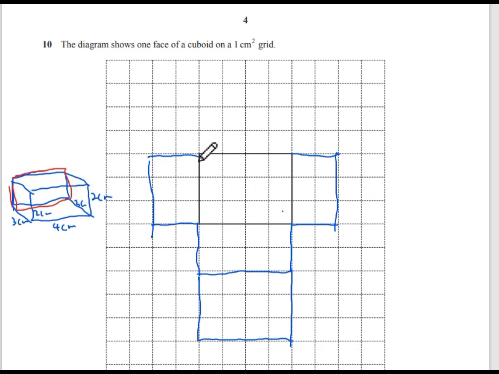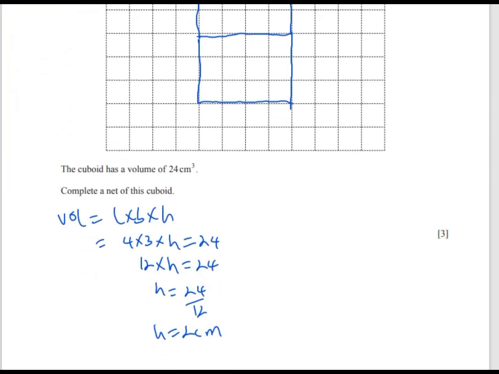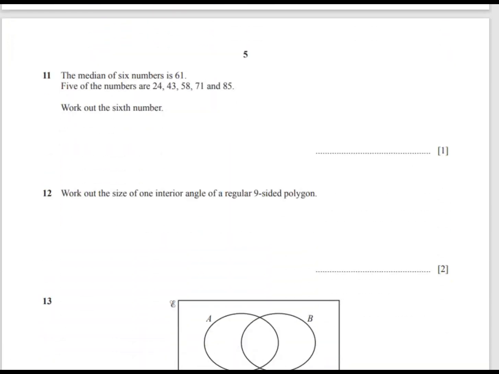So we go twice, 1, 2, 1, 2. Don't join that like that. So this is a net of this cuboid. You do that with your ruler and your pencil to get a very straight, smooth and clean drawing. Okay, let's move on to the next question.